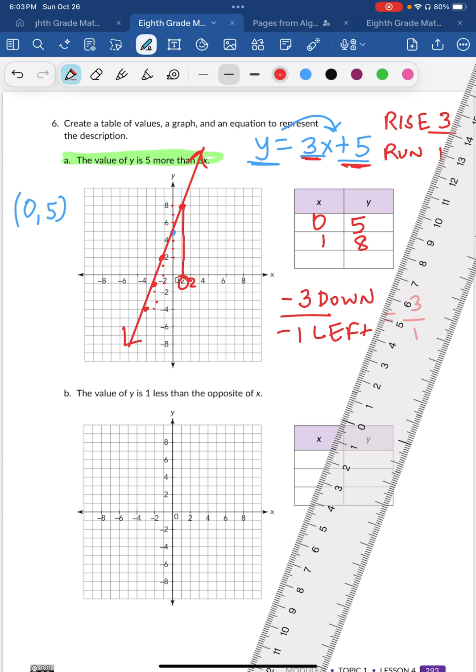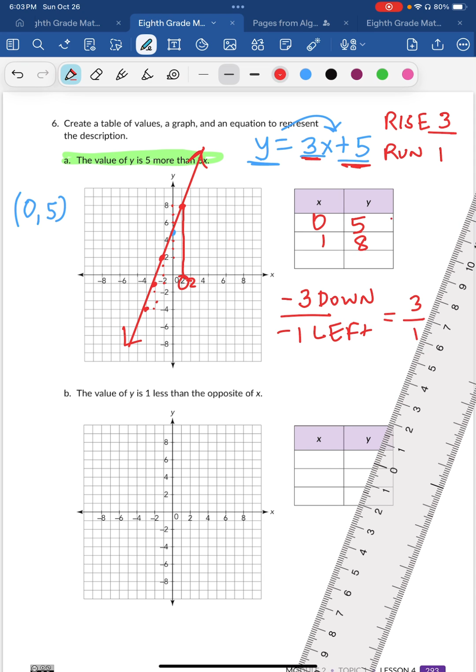The printing is just off a little bit because we need a slope of 3. So when we add 3, we're going to get 8. And then when we go up 1 to our next point, we need a rise over our run. So this is going to need to be 3, and this is going to need to be 1. So our next point would be 2, 11. That's the point that we ran out of room for, but it would be somewhere about right there.